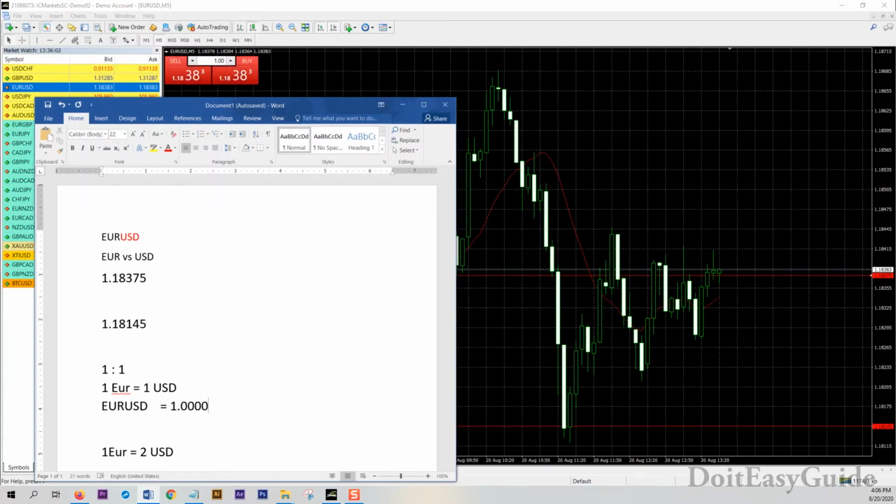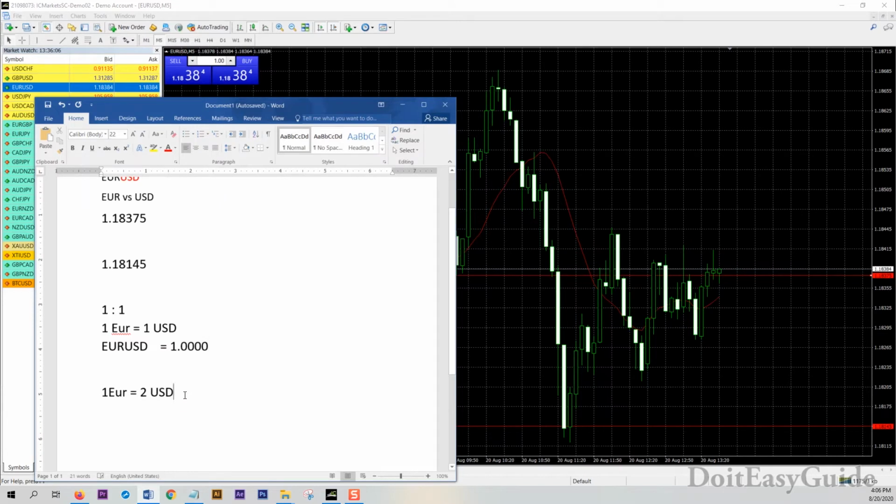Now in this case, 1 euro equal to 2 USD, so we have to write this like this. Am I right? Did you get the idea?